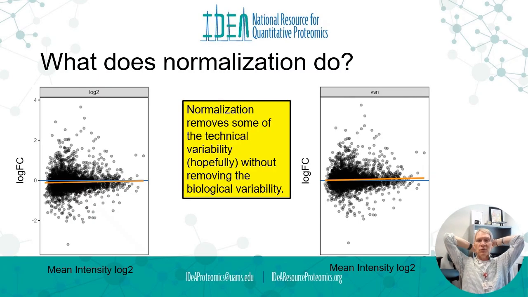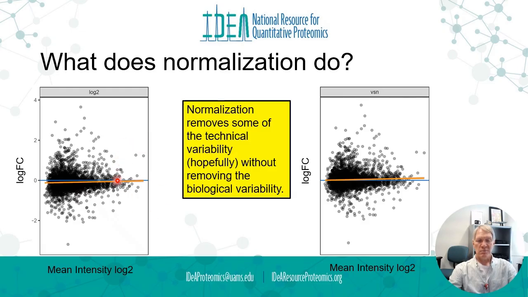But if there's some technical variability, maybe due to the surgeries or something like that, that's causing in-group spread, normalization will tamp that down a little bit. And so this graph shows you the log fold change of the comparisons here, where each dot represents a protein. And this is the intensity down here.